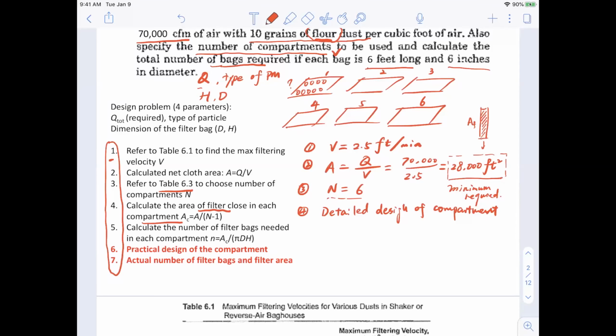And that is calculated by A_C equal to A divided by N minus 1, right? The reason why we put this minus 1 here is to consider the cleaning of the compartment, right?